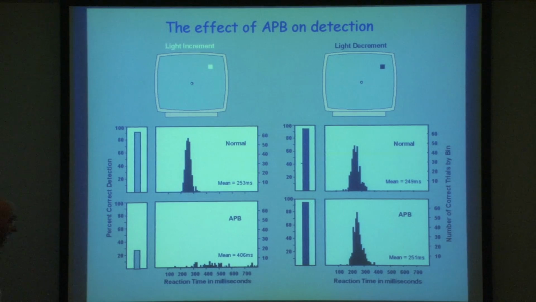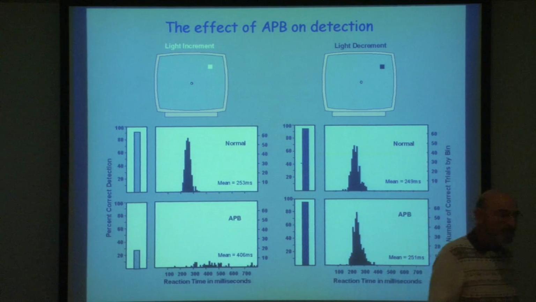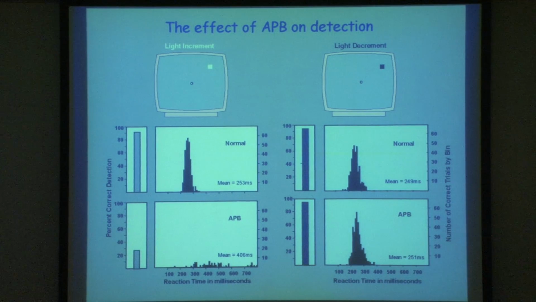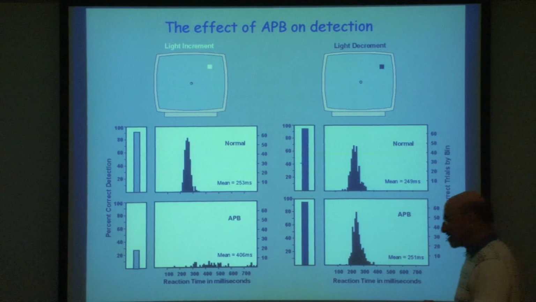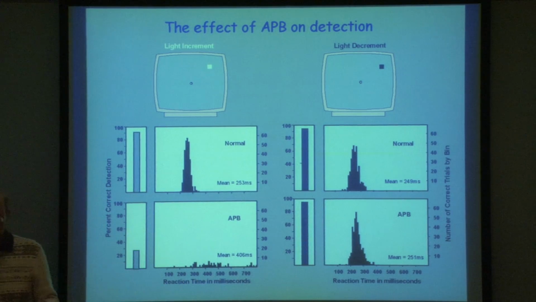So that says that indeed the ability to detect light incremental stimuli has been devastated by the injection of APB, and therefore raised the idea that the on and off channels are for the purpose of quickly and efficiently detecting light increment as well as light decrement.